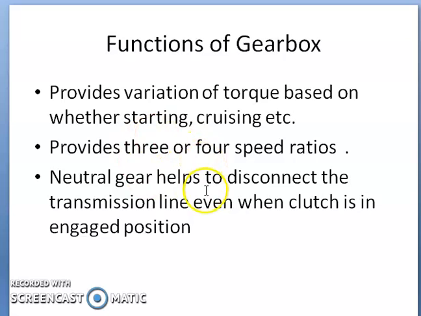In such a case, we can put the gearbox to neutral. So the clutch will be in the engaged position, but the power will not be given to the transmission line. All these functions are carried out by the gearbox.